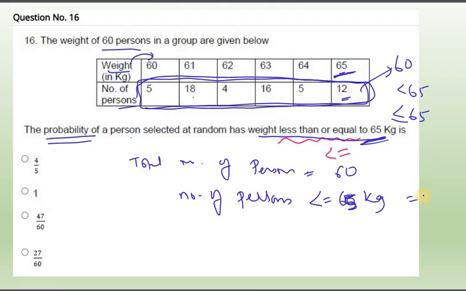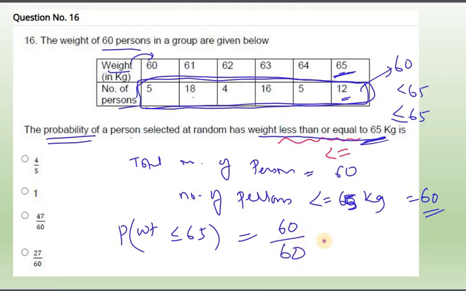So how many are there? All 60. So what is the probability that when you pick someone, the weight is less than or equal to 65? Because all are less than or equal to 65. So 60 chances are there out of total 60. Right or not? So 60 by 60 is 1.